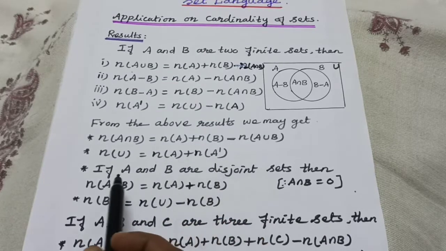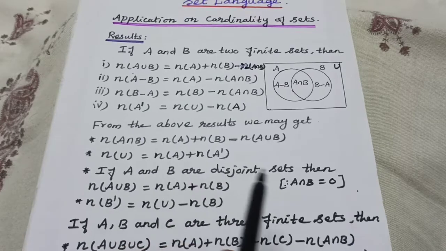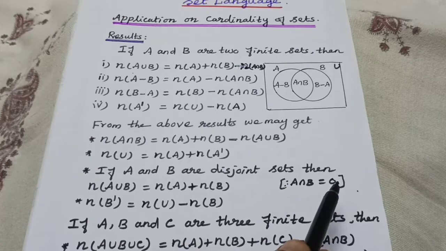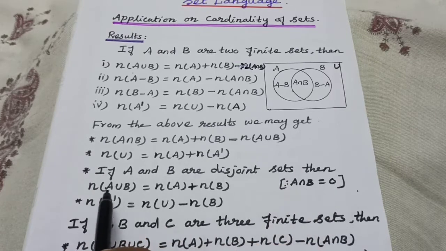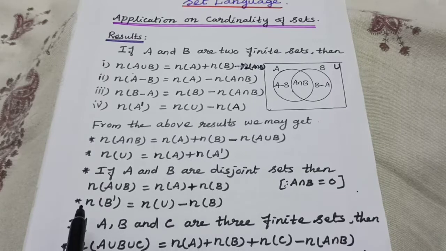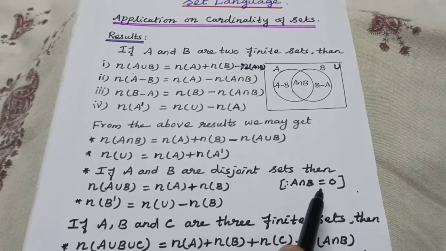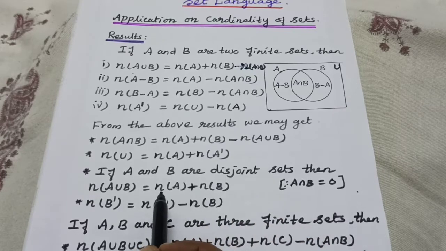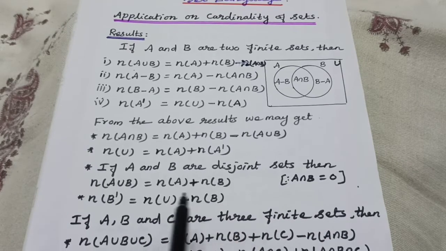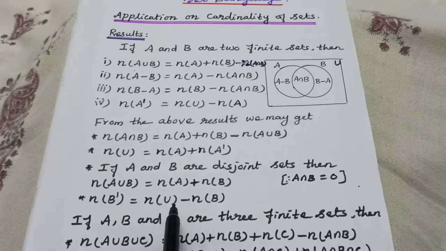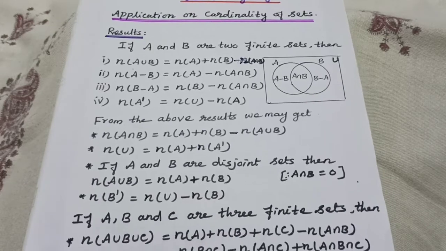If A and B are two disjoint sets, disjoint means A intersection B is equal to 0, isn't it? n of A union B is equal to n of A plus n of B. Here n of A intersection B is 0, so your formula is n of A plus n of B. Then n of B dash is equal to n of U minus n of B.